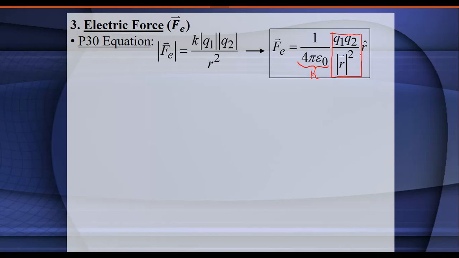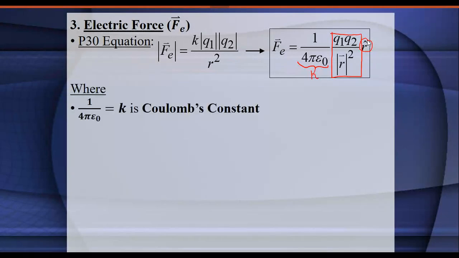So really the only new thing I have here is the multiplication by the unit vector. That's going to take your magnitude, which Coulomb's law tells you, multiply by the unit vector, and give me the actual direction of the electrostatic force. Okay, let's clarify that though. 1 over 4 pi epsilon naught is equal to k, which is Coulomb's constant.